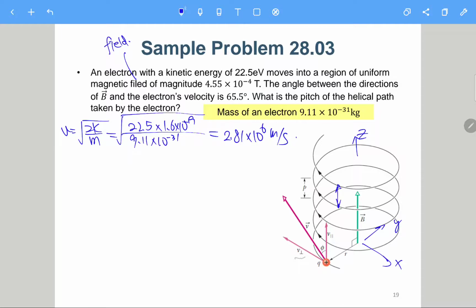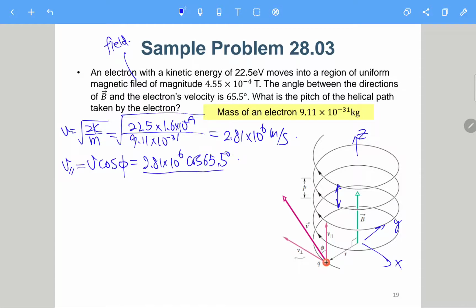Next we need to determine the pitch. First we need V parallel. V parallel is V cosine phi, which is 2.81 times 10 to the 6th times cosine 65.5 degrees.